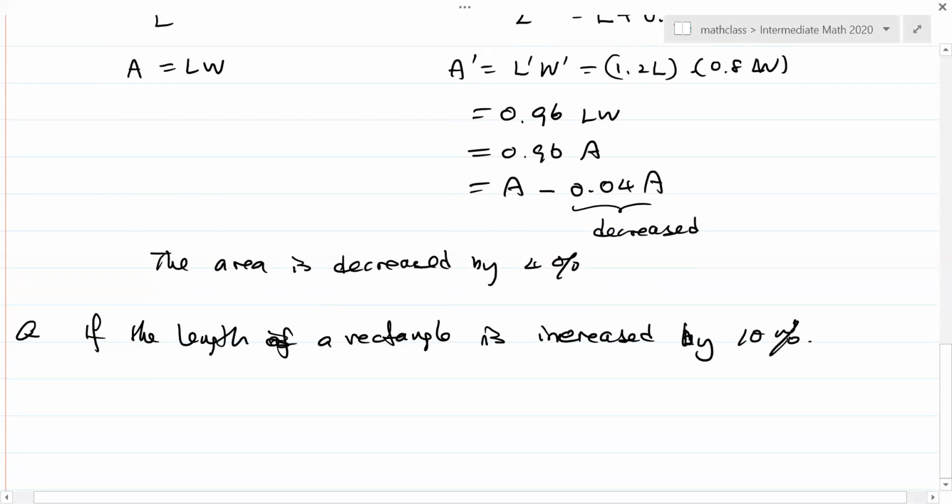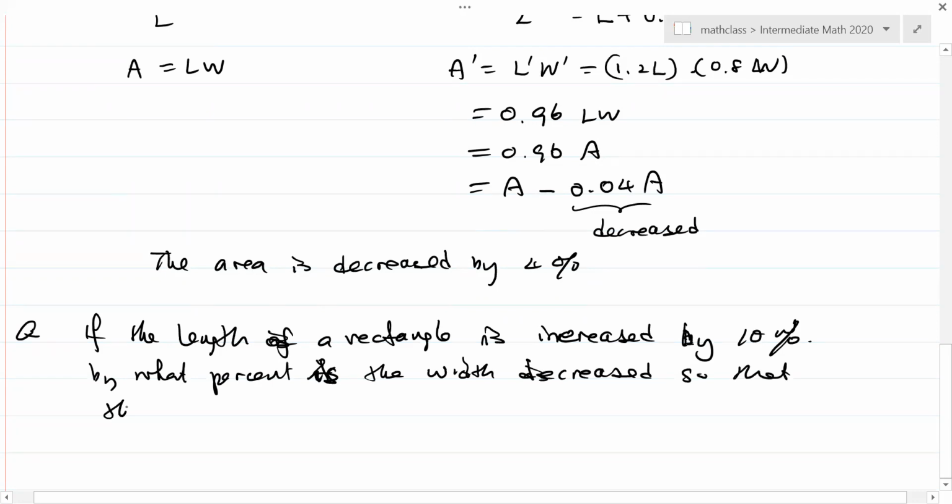So the question is, by what percent is the width decreased so that the area remains unchanged?